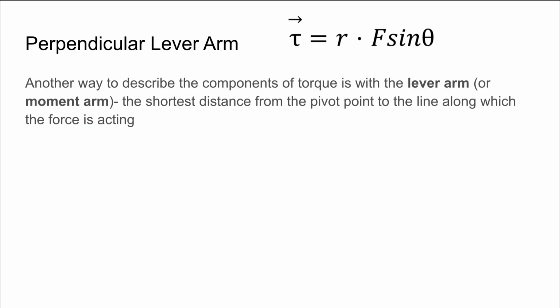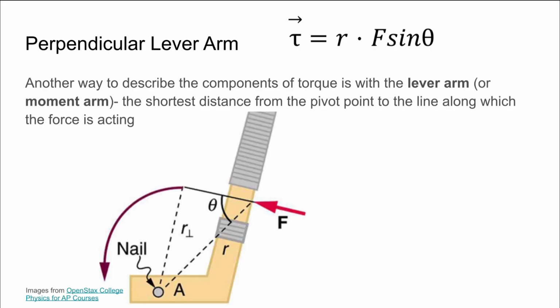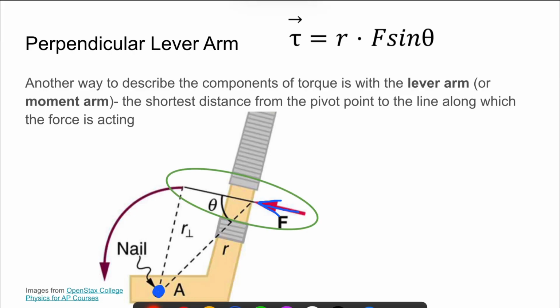Another way to describe the components of torque is with lever arm, otherwise known as moment arm. This is the shortest distance from the pivot point to the line along which the force is acting. So if we think about this force F acting again on our hockey stick that is going to rotate around our pivot point created by that nail, then that force has a line extending out from it.